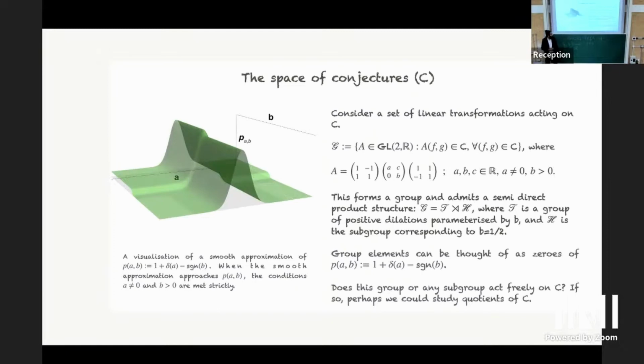So we can think of group elements as zeros of a function P of A comma B, which I've written down here as a function involving the delta function and the sigma function. If you visualize the group elements in this A, B, C space, group elements are exactly the zeros of this function.